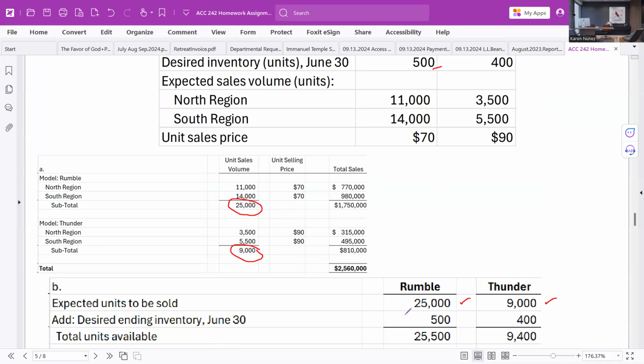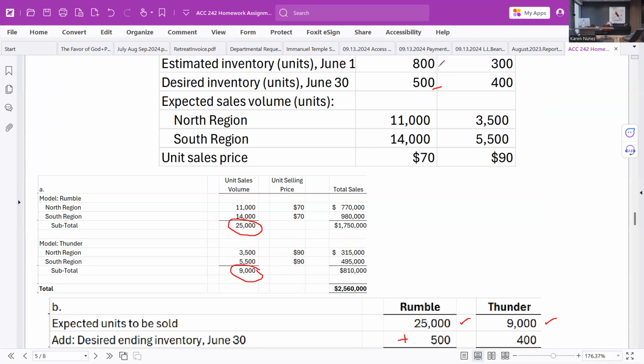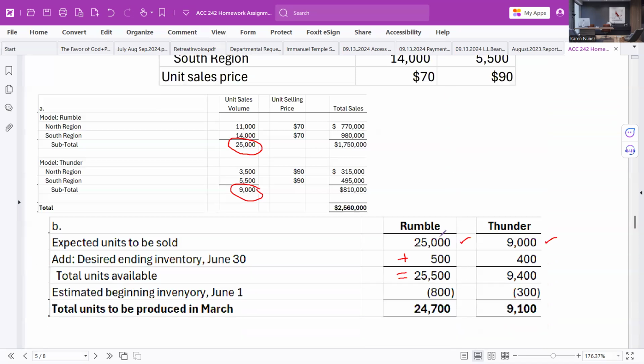So plus 500 means we need to have 25,500 available. And we anticipate that the beginning inventory is going to be 800, so we want to subtract out that beginning inventory. That's what we need to produce. We produce enough to cover what we plan to sell minus the decrease in inventory. Inventory is going from 800 to 500, so we're taking 300 out of inventory. That's why we only need to produce 24,700.